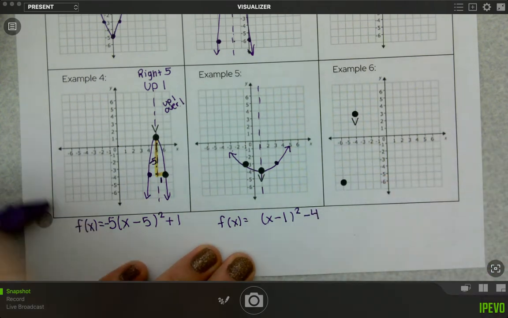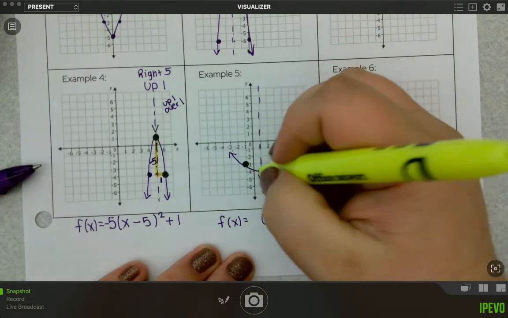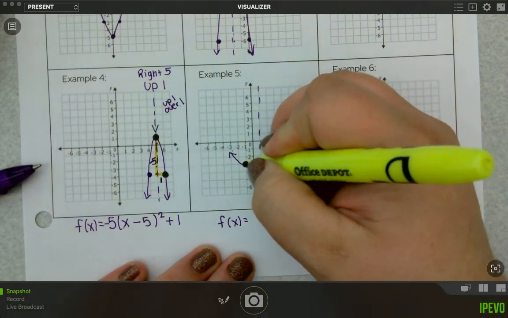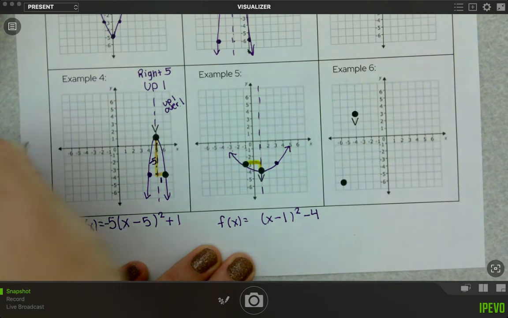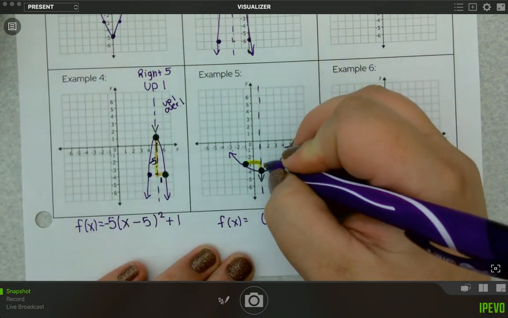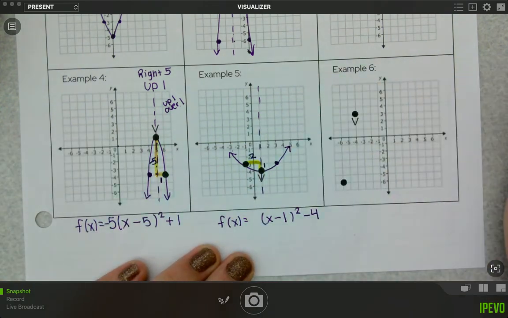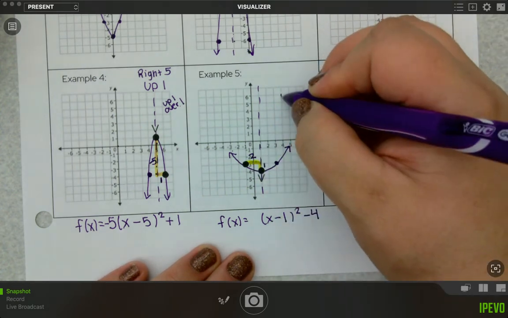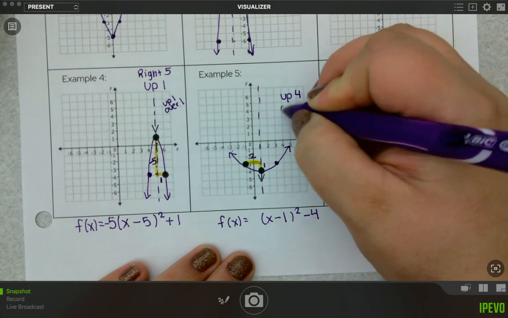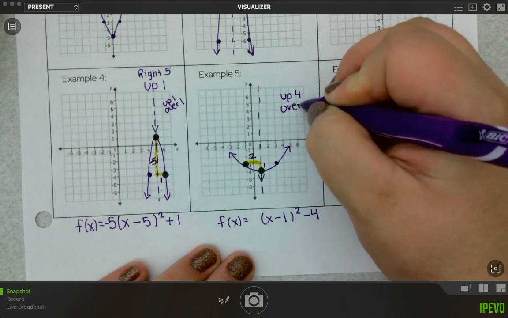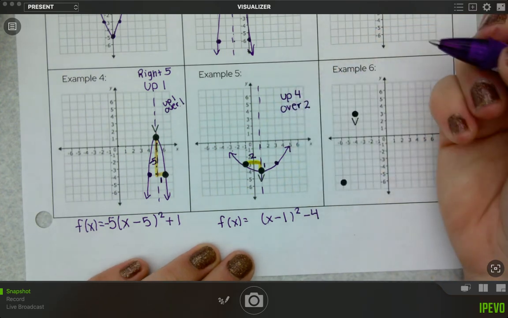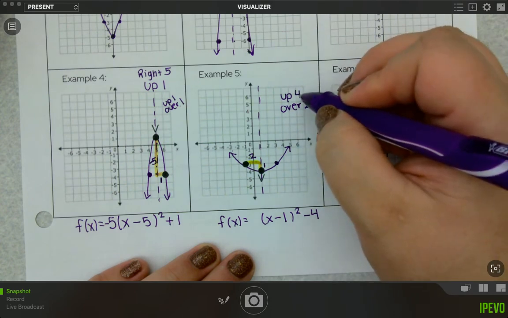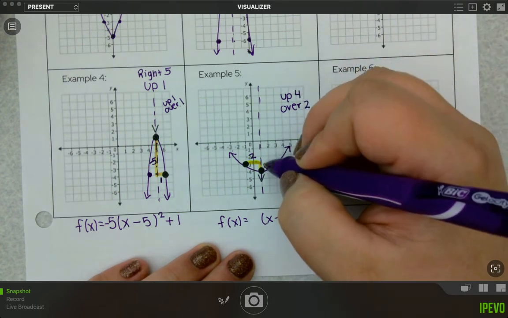Then my pattern takes me from here to here. So this time I'm going up 1 over 2. If I'm going over 2, my pattern should go up 4 over 2. So we have to ask ourselves, what has this 4 been multiplied by to become 1?